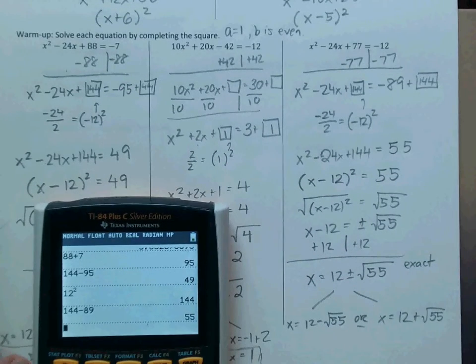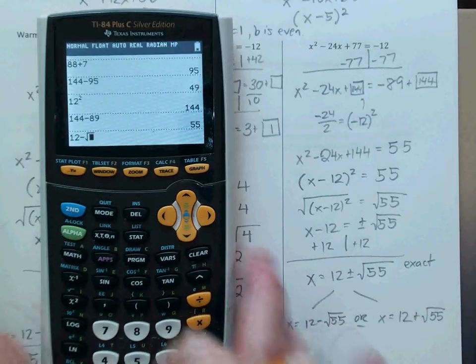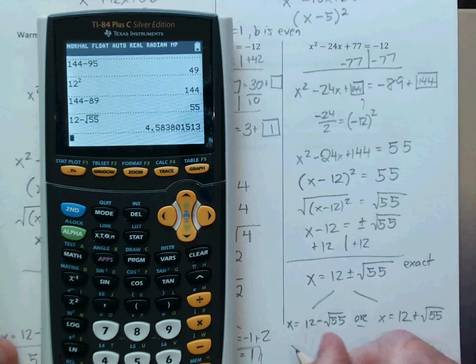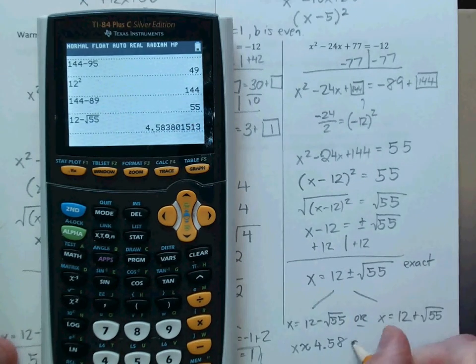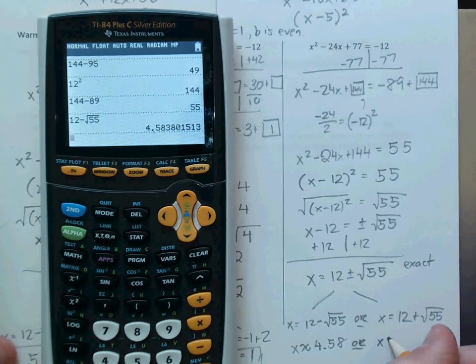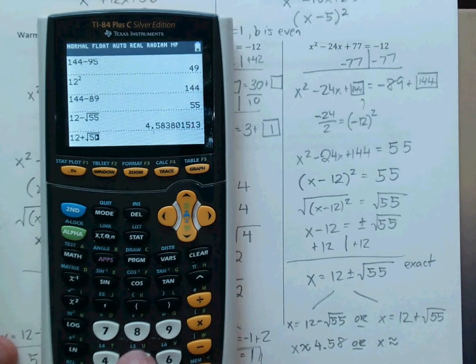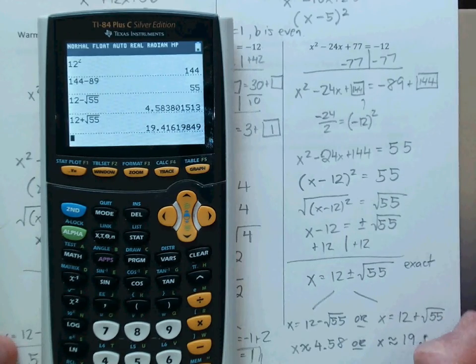Okay, 12 minus the square root of 55. And I'm getting x is approximately 4.58, or x is approximately 12 plus the square root of 55, approximately 19.42.